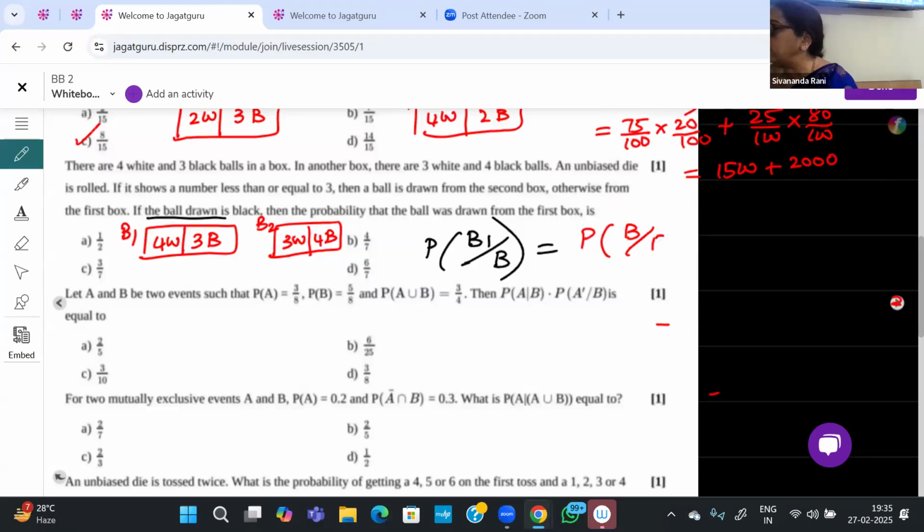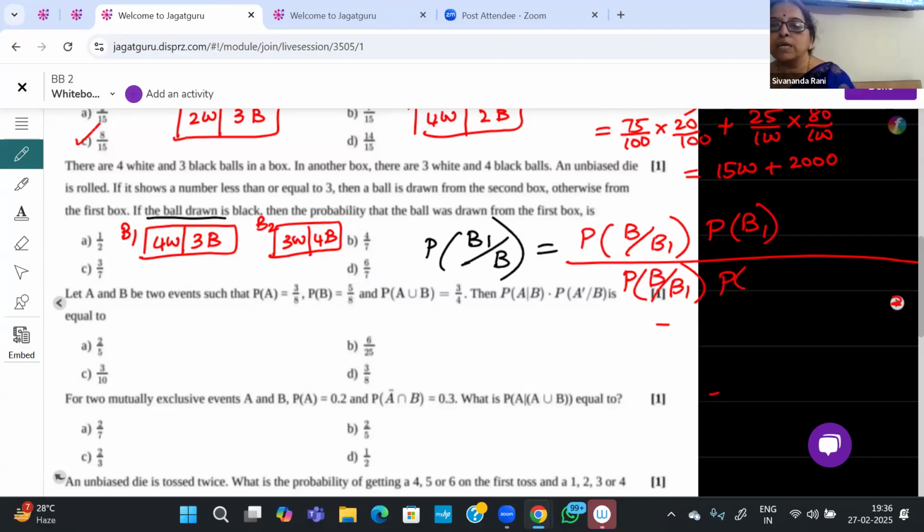P of B given B1, into, of course, it should be accompanied by P of B1, right? And in the denominator, we vary what is occurring after the slash. That is always the structure of Bayes theorem, right? So what will come in the next position? Instead of B1, I should vary it as B2, into P of B2.